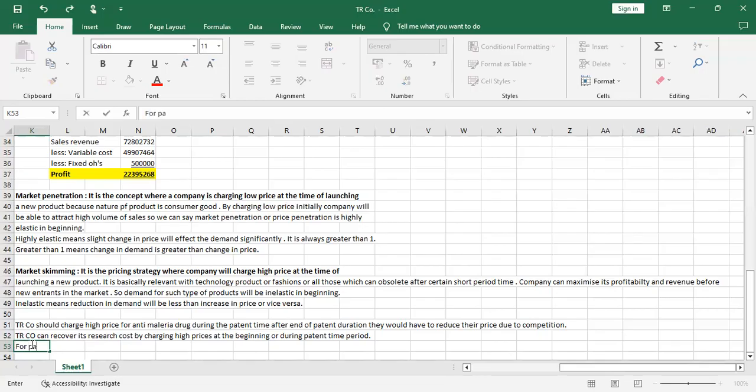For Parapain, TR company should follow market penetration because now they are facing high competition.